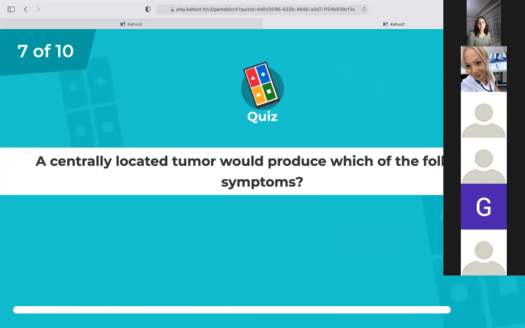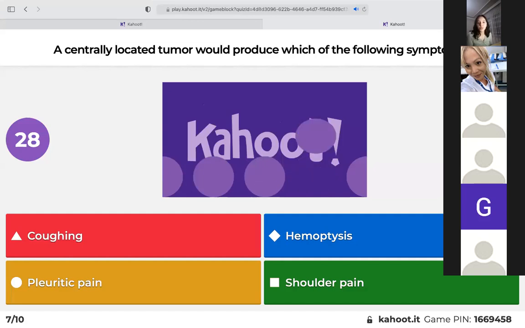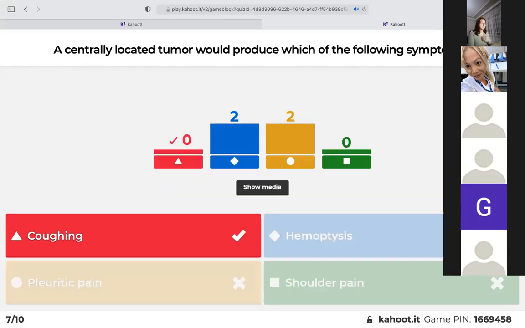A centrally located tumor would produce which of the following symptoms? It's spreading.